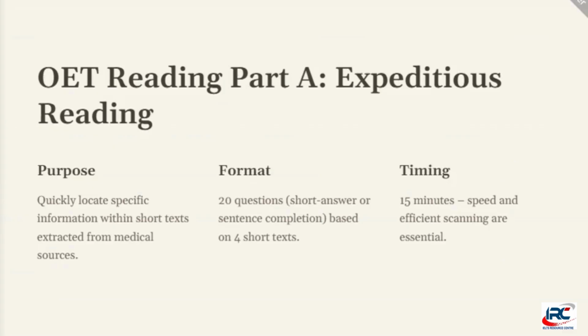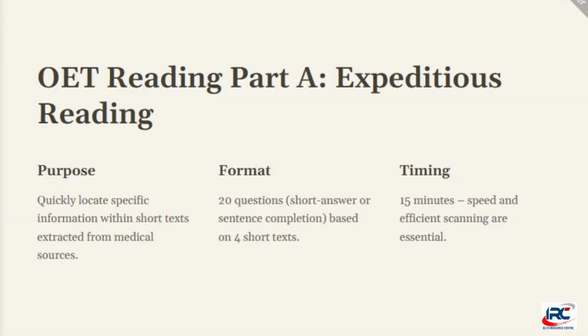Now, the next area we're going to take a look at is the OET reading part A, which is also known as expeditious reading. The OET reading is designed to assess the English language skills of healthcare professionals seeking to register and practice in an English-speaking country.